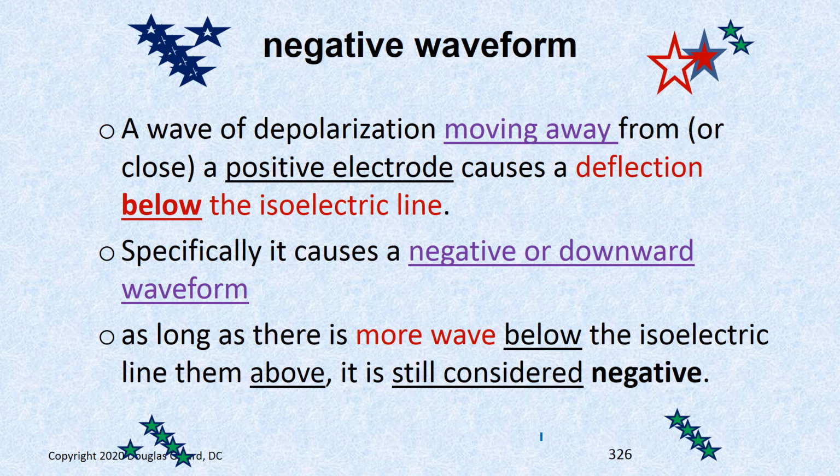Negative waveform is the opposite, a wave of depolarization moving away from a camera or a lens or an electrode that produces a negative deflection below the isoelectric line. So those are called negative waveforms or downward waveforms. Okay, and same thing, as long as there's more of the wave below the isoelectric line than above, it's still considered negative.